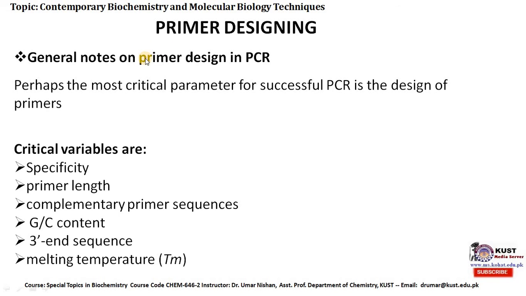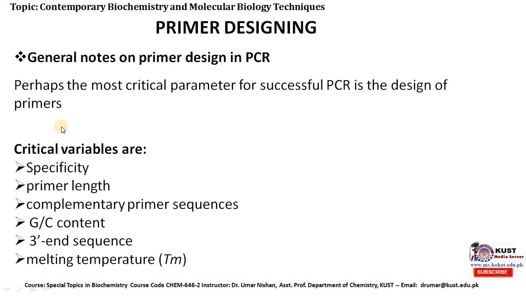Now, one important aspect of conducting a successful PCR is designing of primers. There are some important points that need to be kept in mind while designing primers. What they say is perhaps the most critical parameter for successful PCR is the design of primers.